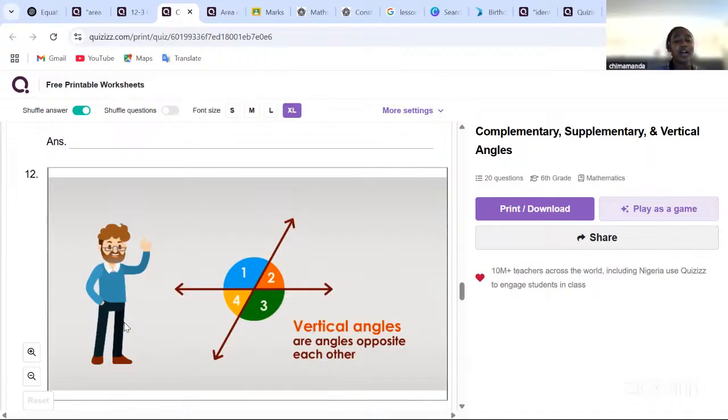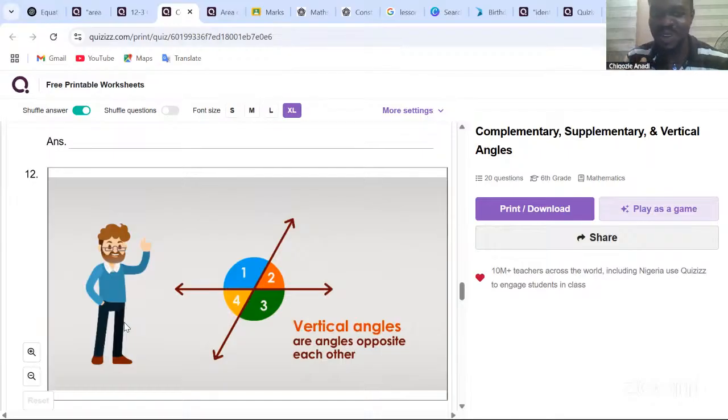Complementary angles are two angles that add up to 90 degrees. Correct. Very good. Gerald, what are supplementary angles? Supplementary angles are angles that add up to 180 degrees. Thank you very much. That is absolutely correct, both of you.